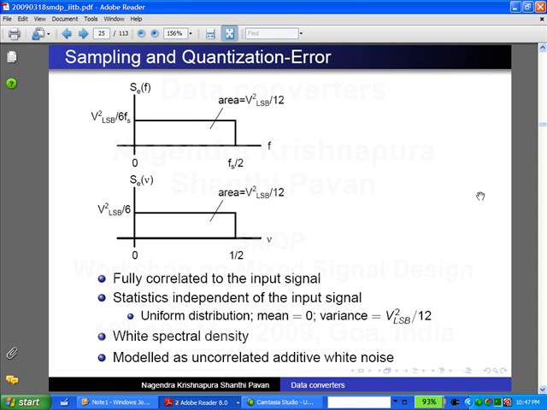Now if you look at the properties of the quantization error, I already showed you that it is uniformly distributed and the mean square value is VLSB square by 12. And the average value is 0.